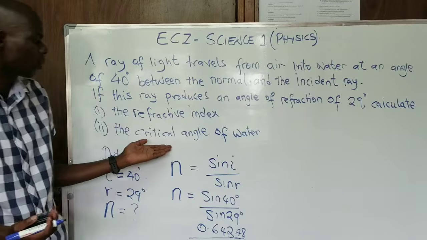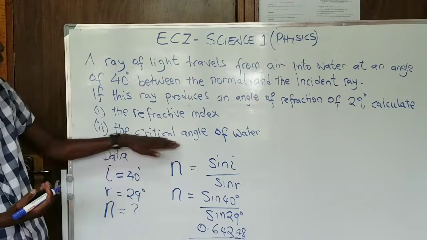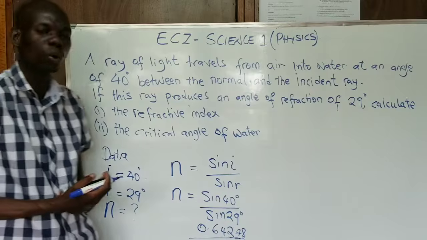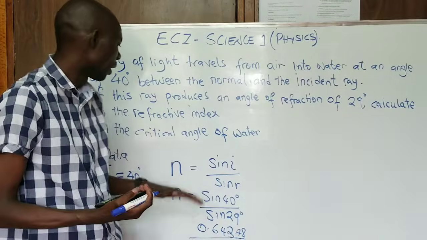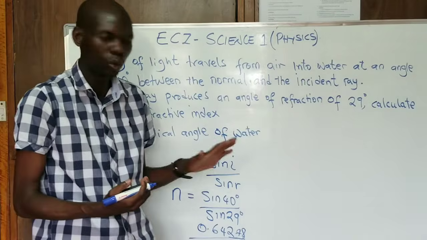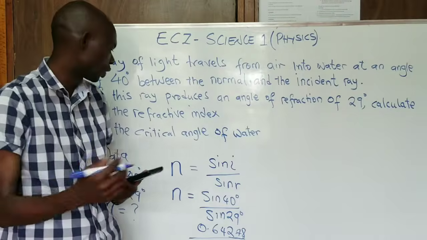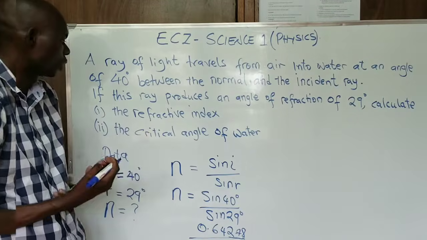There is another question that we are going to answer, which is the critical angle of water. If you don't know what the critical angle is, do not forget another video which I will upload where I will explain what the critical angle is all about.